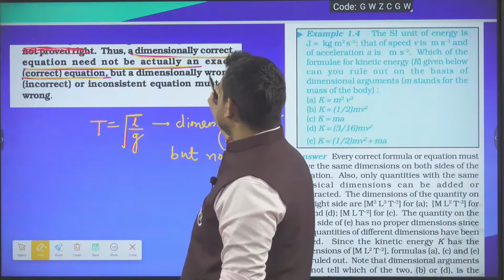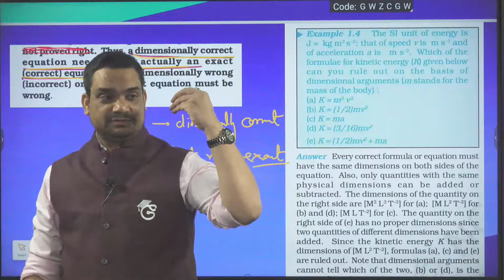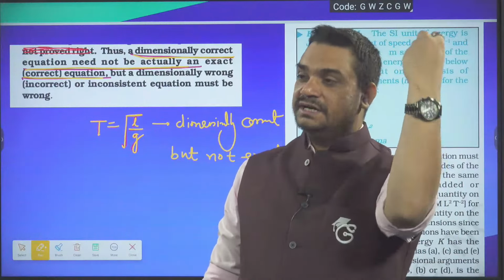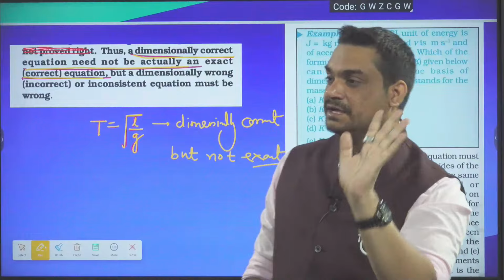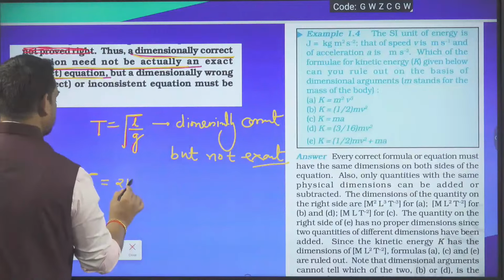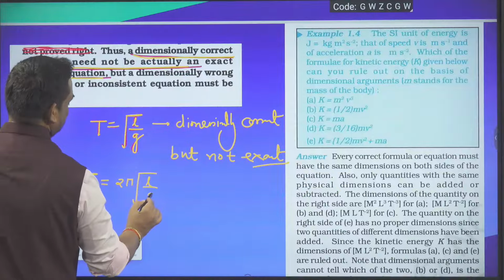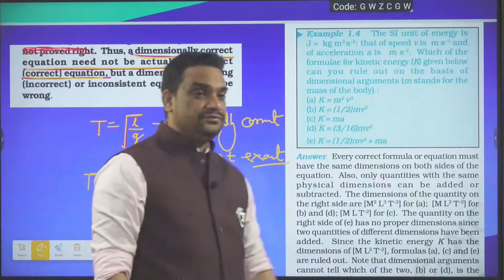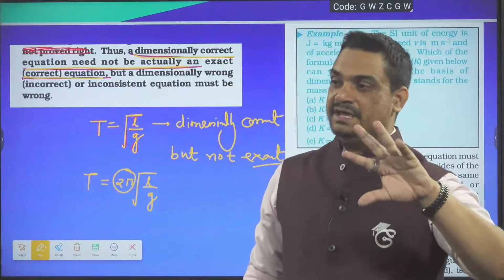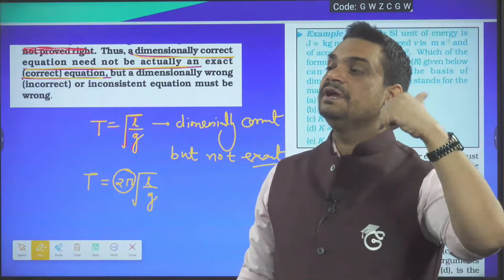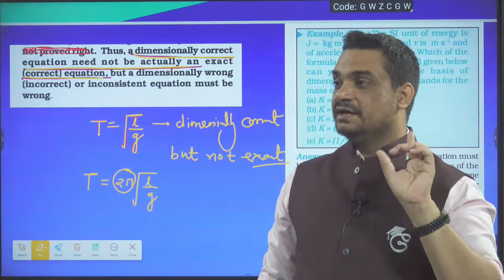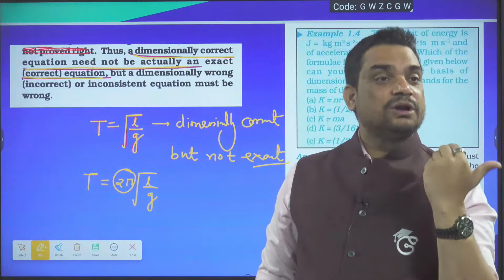But if a formula is dimensionally wrong, it is 100% wrong. The correct one is T equals 2 pi root L by G. This factor was missing. So dimensionally correct may or may not be correct.